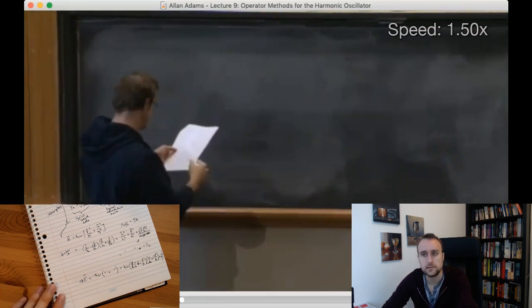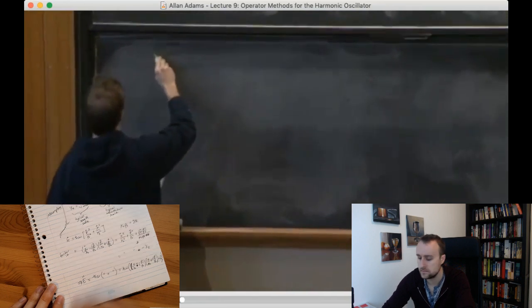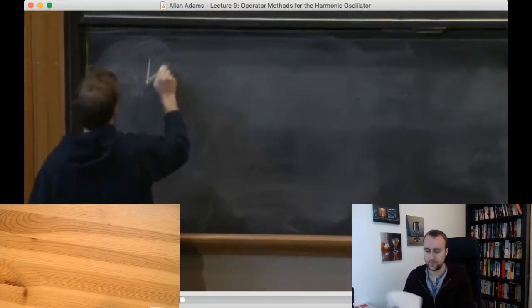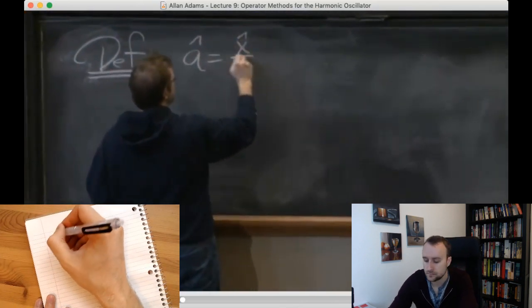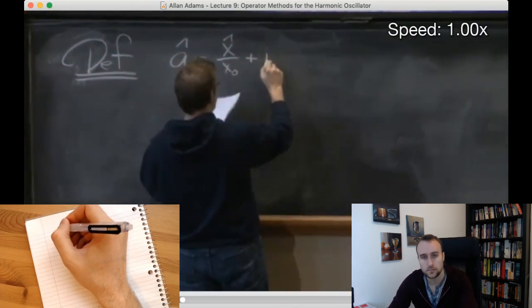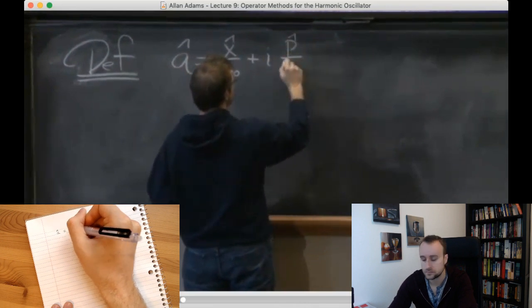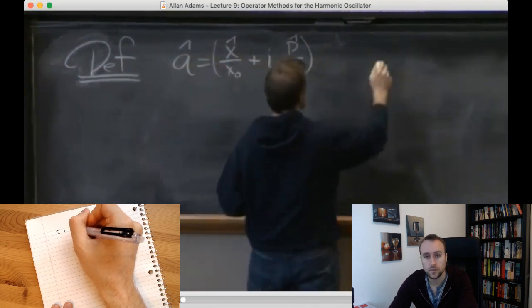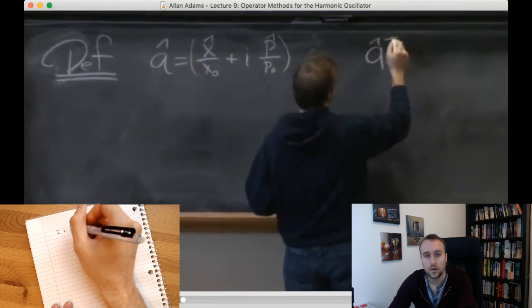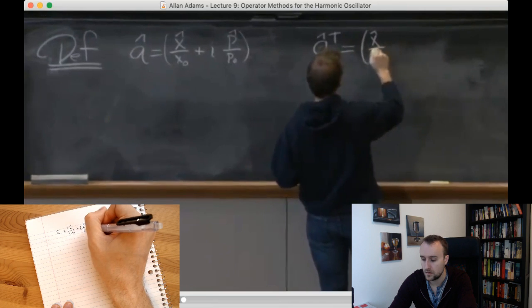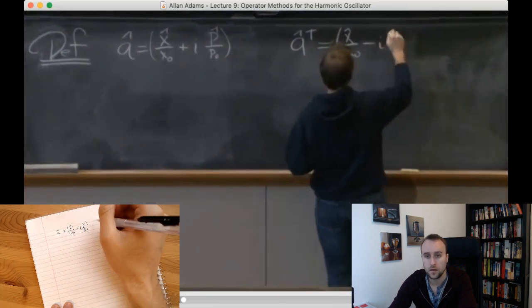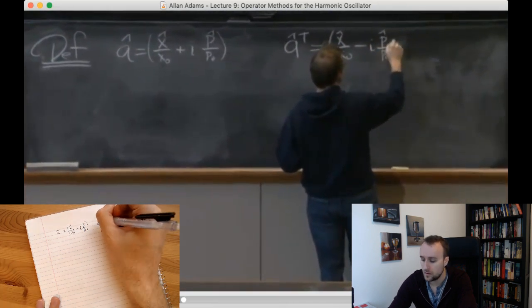But consider, just trust me on this one, that this is not a stupid thing to do. So consider an operator called A, which is equal to x over x naught plus i p over p naught, and an operator which I will call A dagger, which is x over x naught minus i p over p naught.